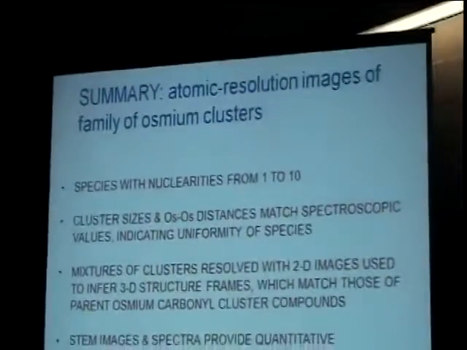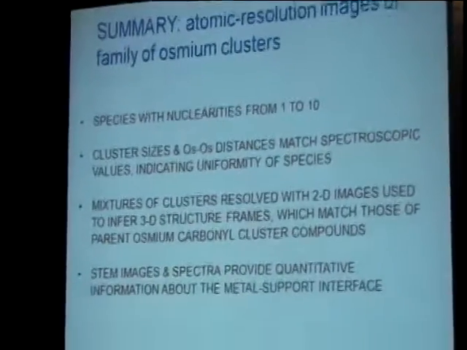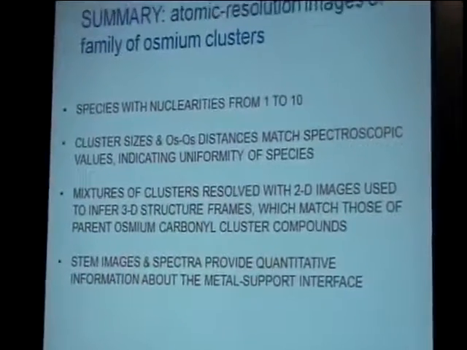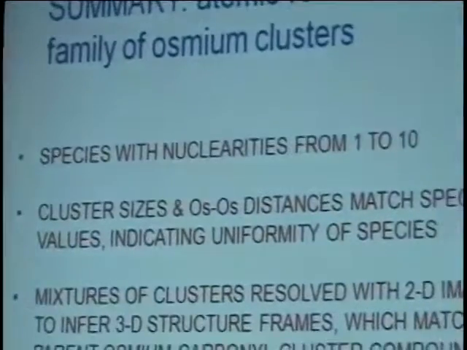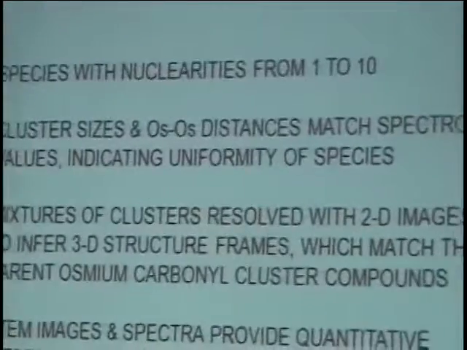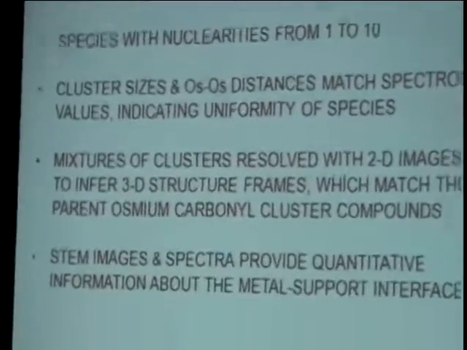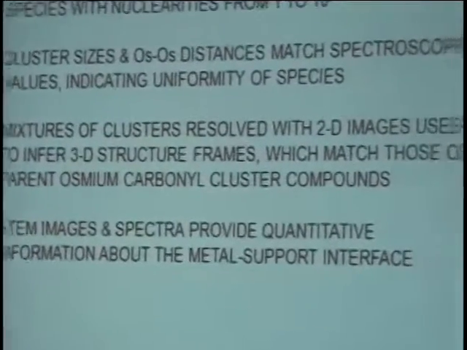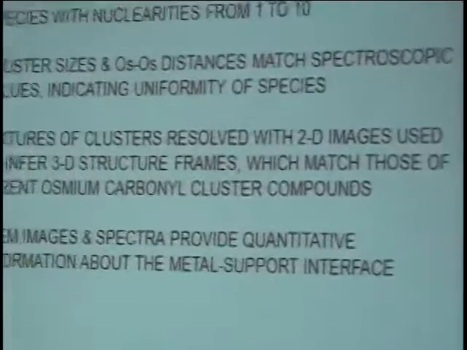So I want to summarize what we're doing here. By using aberration-corrected STEM, we're now able to make in high yields and fish out species with nuclearities going from 1 to 10 because of the opportunities afforded by the chemistry of osmium carbonyls.